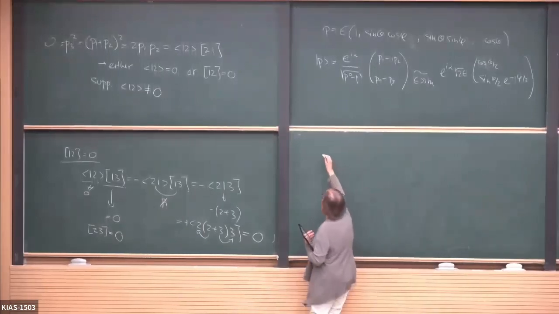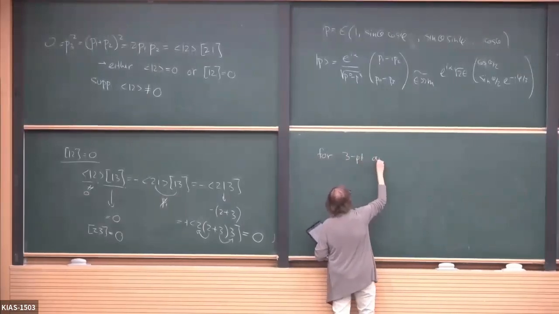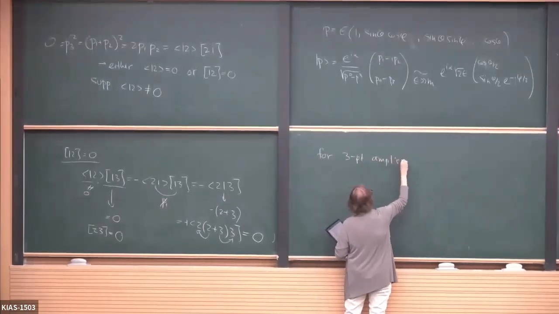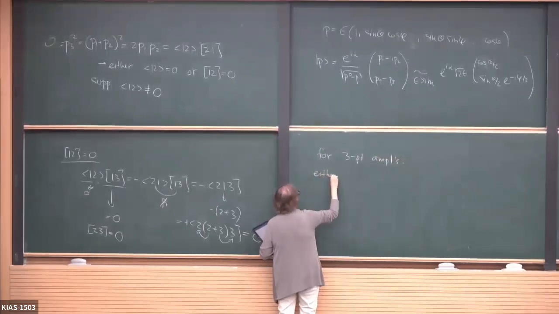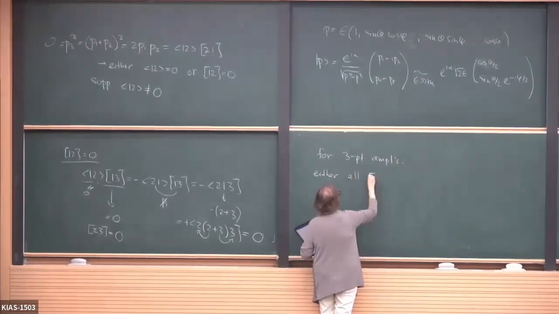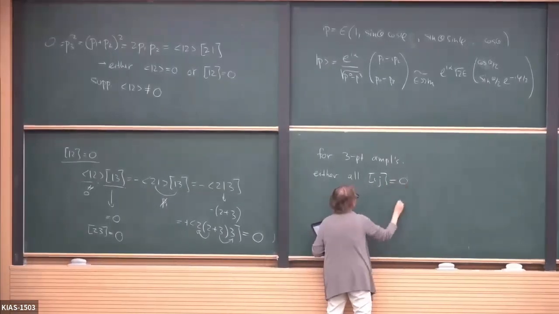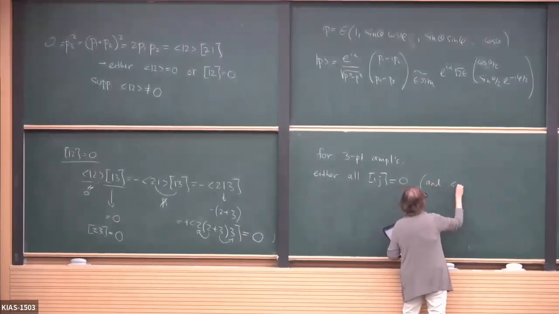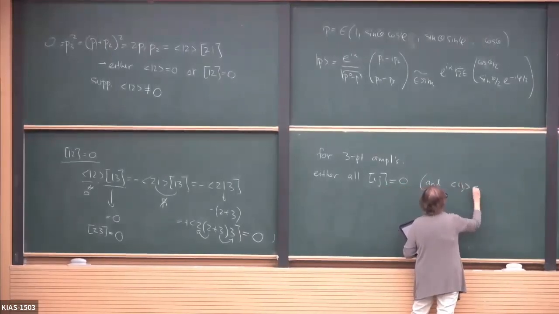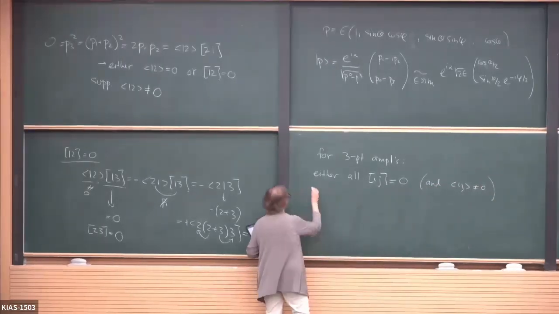So for 3-point amplitudes, either all [ij] equals 0 and only ⟨ij⟩ survive, or the other way around.